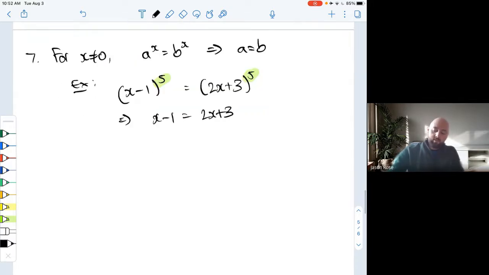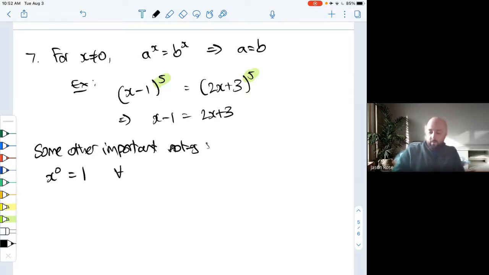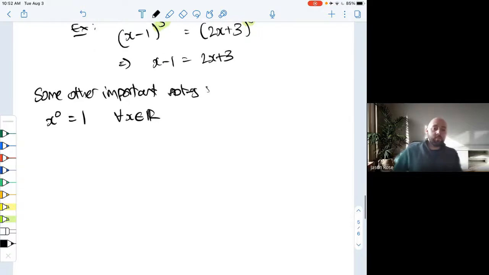Some other things to note as well. Some other important notes about exponential equations. X to the power of 0 is always equal to 1 for all x in real numbers.